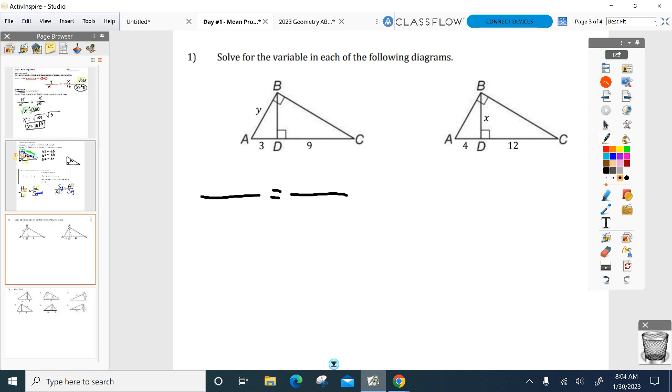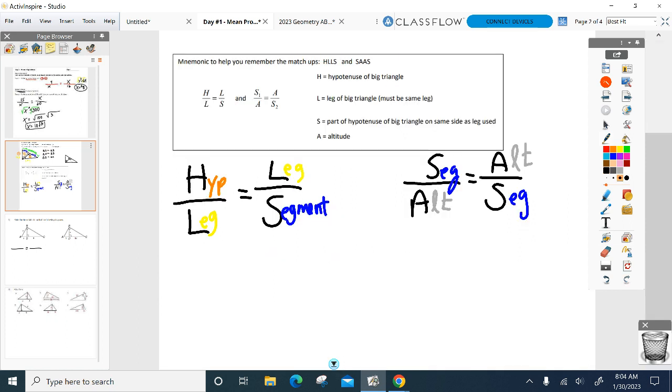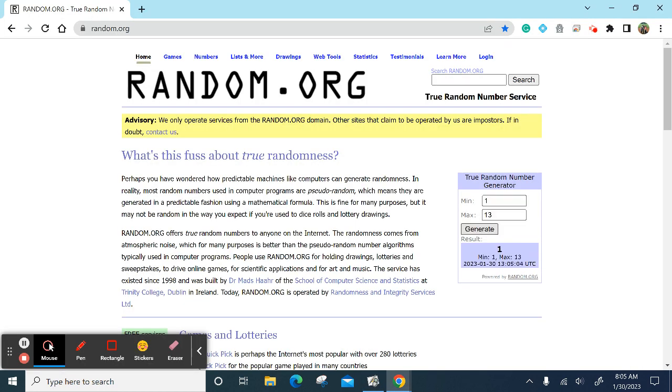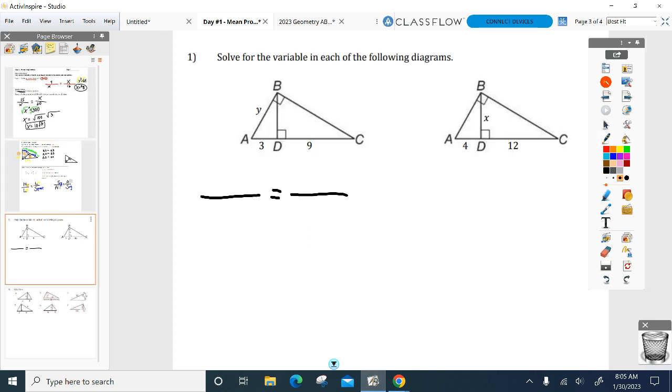No, it's not, right? I know nothing about the altitude. So which one of these two do I not even have enough information for if I don't have the altitude? I can't use SAS. Everyone agree? I can't use SAS. That's how you figure out if it's hills or SAS. If the altitude is labeled, I use SAS. If it's not, I use hills.